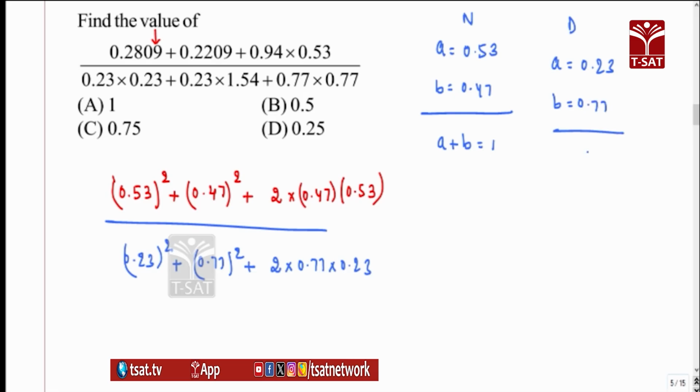If you add both of them, it becomes 1. Therefore, your numerator is 1 and denominator is also 1. The answer is 1. So it is simply application of squares as well as the formula (a plus b) whole square. If you recognize it is in the form of (a plus b) whole square, simply do a plus b. A plus b in both the cases here, numerator and denominator, is 1.